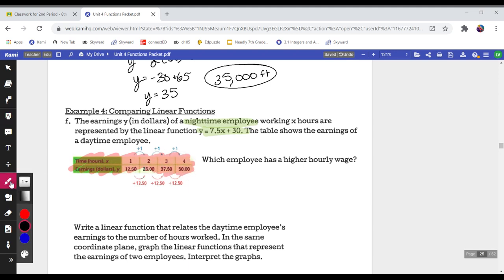In order to see who has a higher hourly wage, we need to identify the slope in both of them. It does tell us the hourly wage for the nighttime employee.